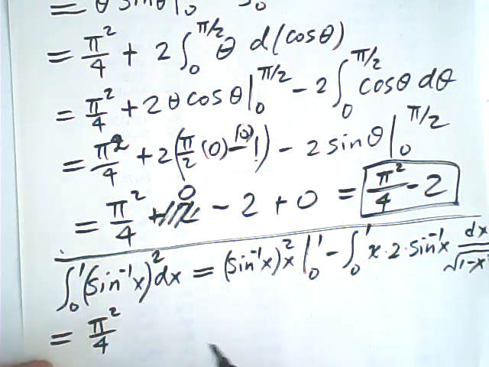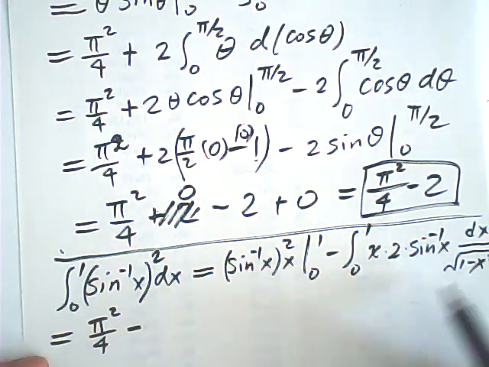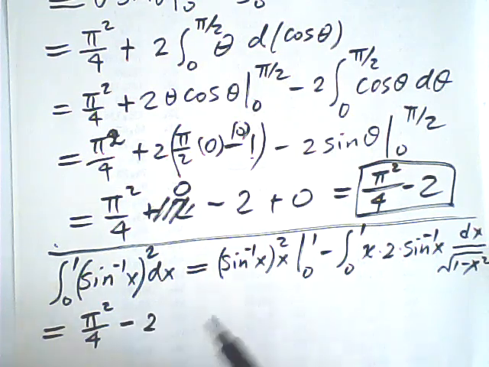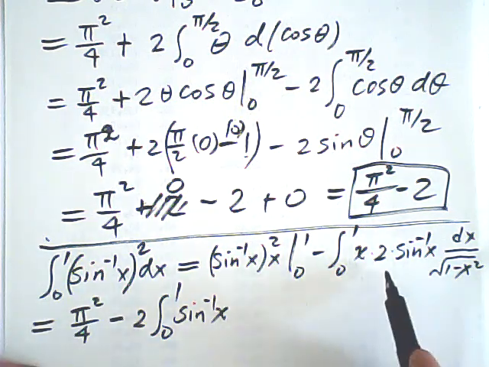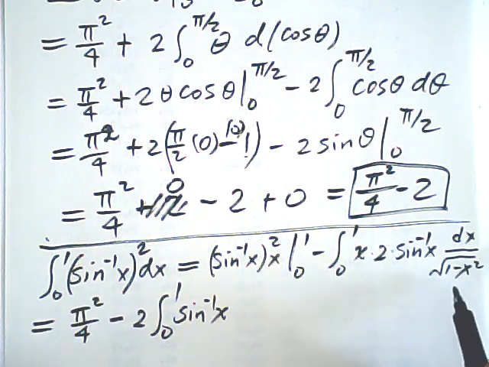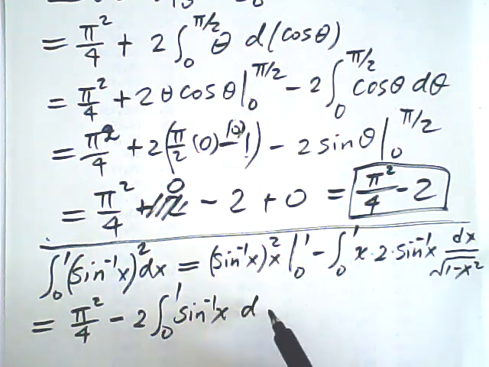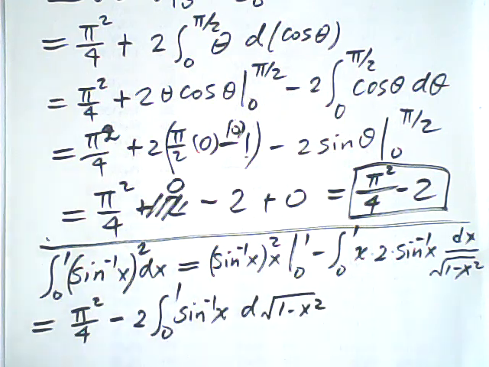minus 0. Okay. And this one, if I organize again, this is 2 integral from 0 to 1 arcsine x and x dx over square root of 1 minus x squared.